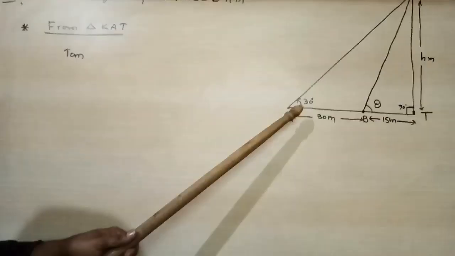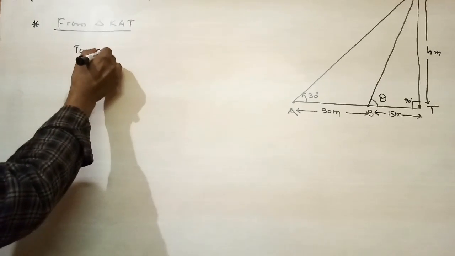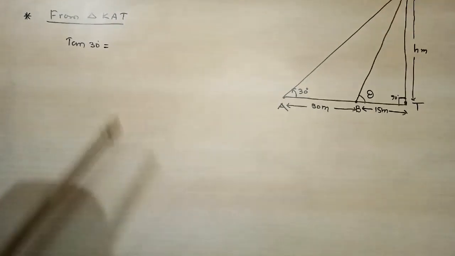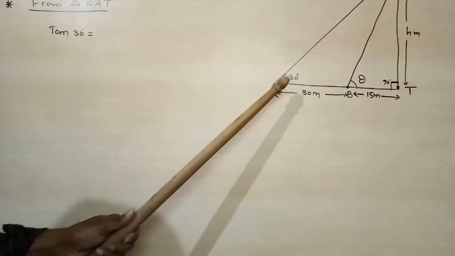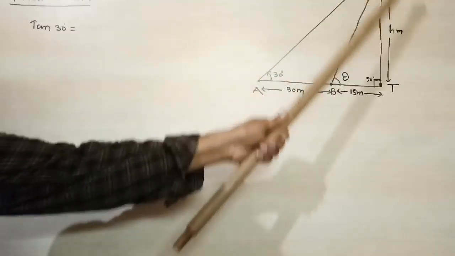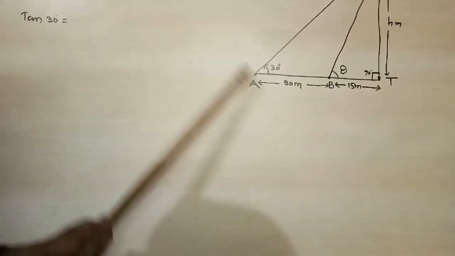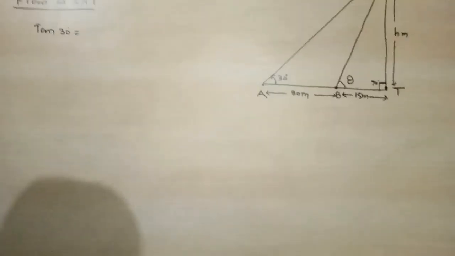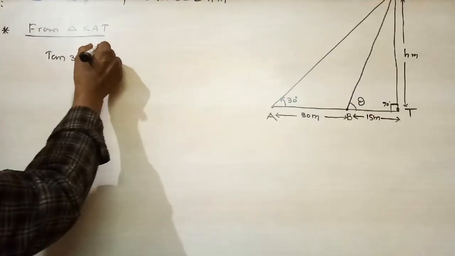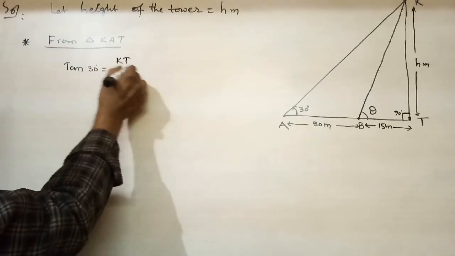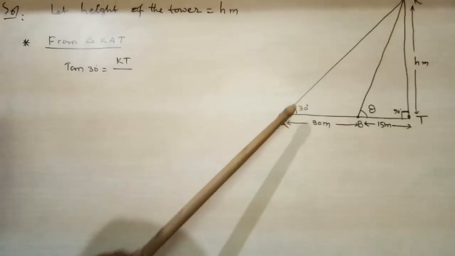Tan 30 degrees means the opposite side to 30 degrees over the adjacent side. The opposite side to 30 degrees in this triangle is KT, and the adjacent side is AT.